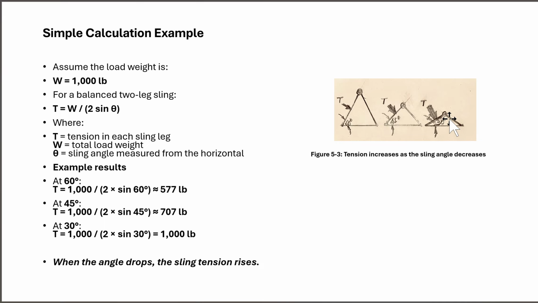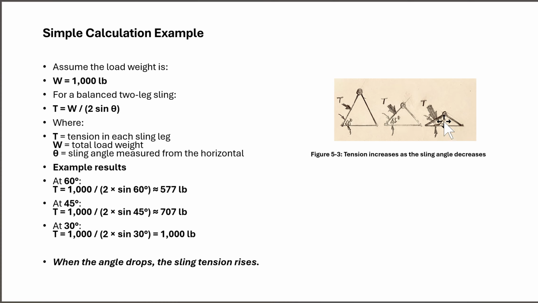Example results. At 60 degrees, T equals 1,000 divided by 2 times sin 60 degrees, equals about 577 pounds. At 45 degrees, tension equals 1,000 divided by 2 times sin 45 degrees, equals about 707 pounds.